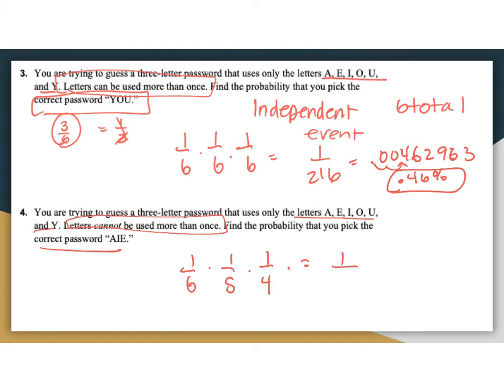So we would get 1 out of 120, which is approximately 0.008333333 repeating. And if we move that decimal over 2 places, we'll get 0.83%.